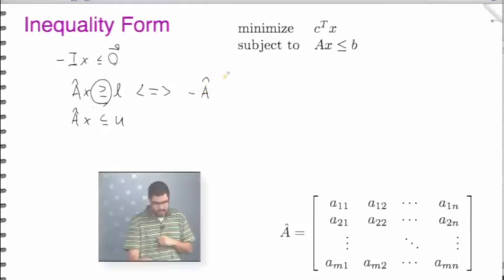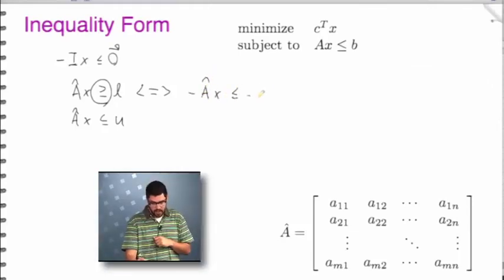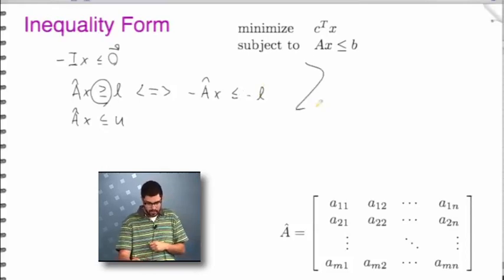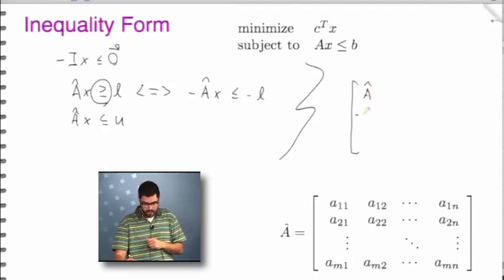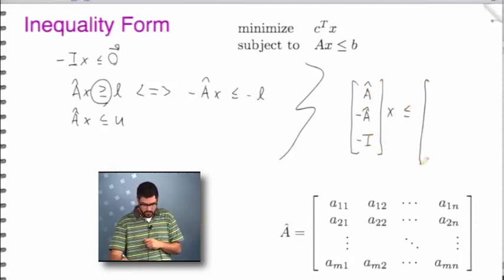So I'm going to say minus A hat x is less than minus L. Finally, putting them all together, I get the large A matrix, which is going to be, depending on how you write it, A hat, and minus I times x is less than, it's going to be, there it is, the U, and the minus L, and the 0 vector that we defined earlier.